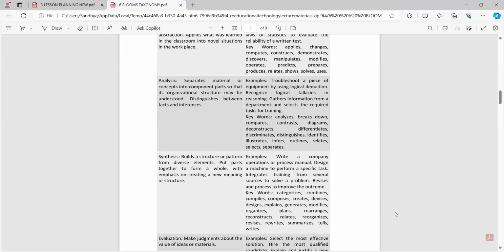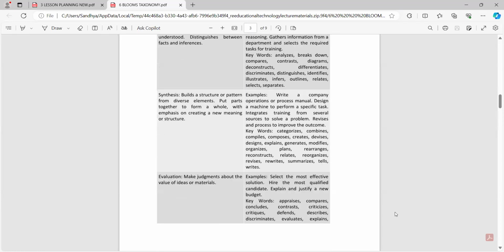And then synthesis, put two and two together and form the whole thing, the big one. So after actually reading a passage, you get the students to write the summary of it. It is synthesis because they have to know the big picture and then get the most important elements and then write a summary. It is synthesis.